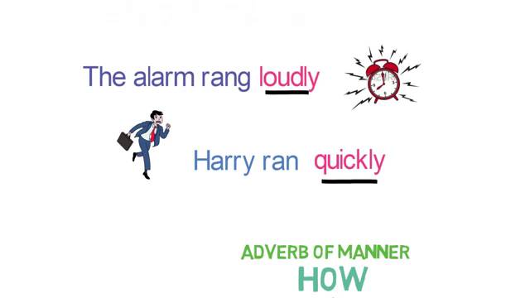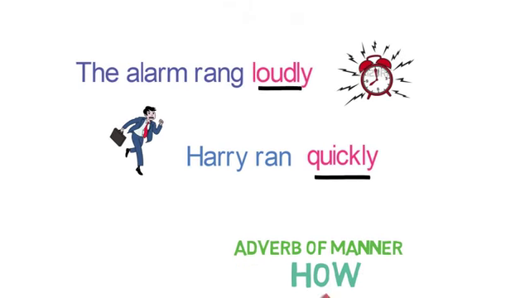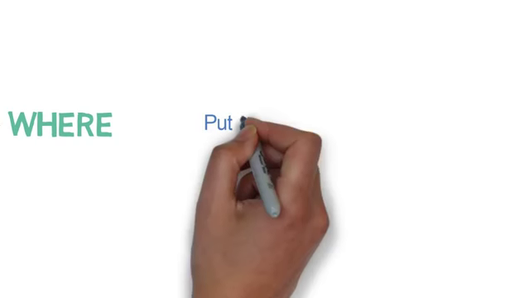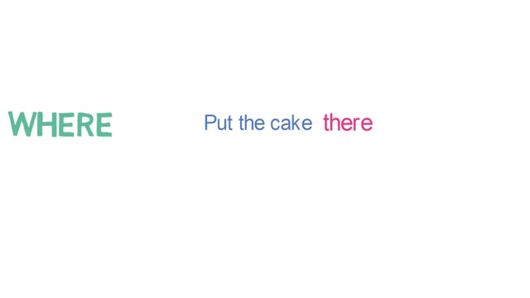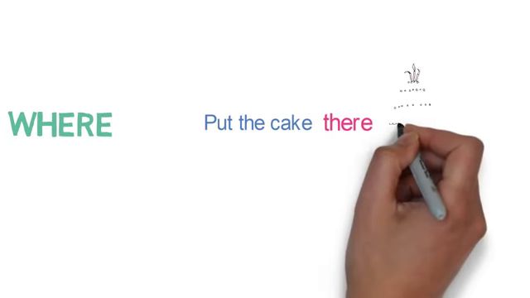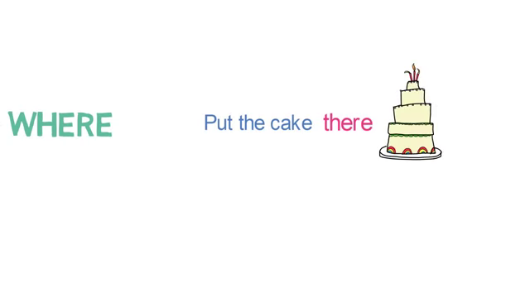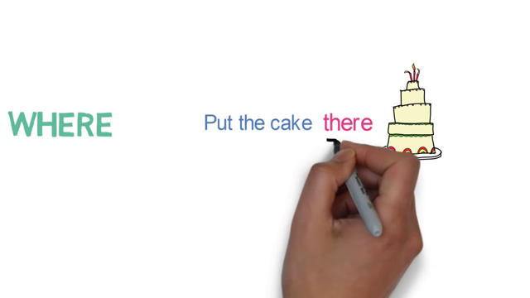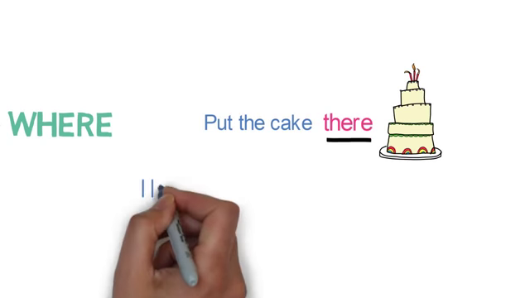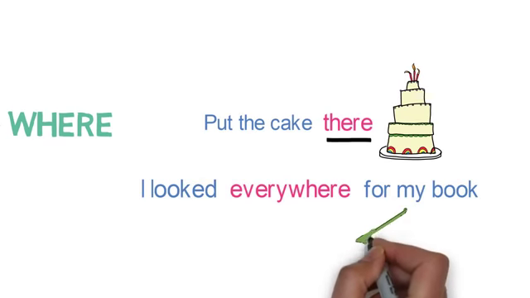Now let's look into the next way in which we can describe any action. Where an action occurred. Put the cake there. Here we are telling to put the cake, but at which place? By using there, we are telling the place to put the cake. So it is an adverb. I looked everywhere for my book.